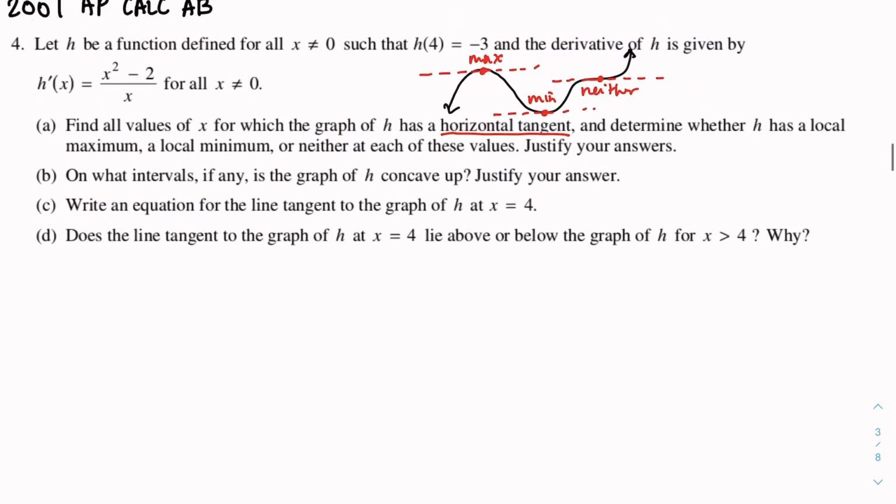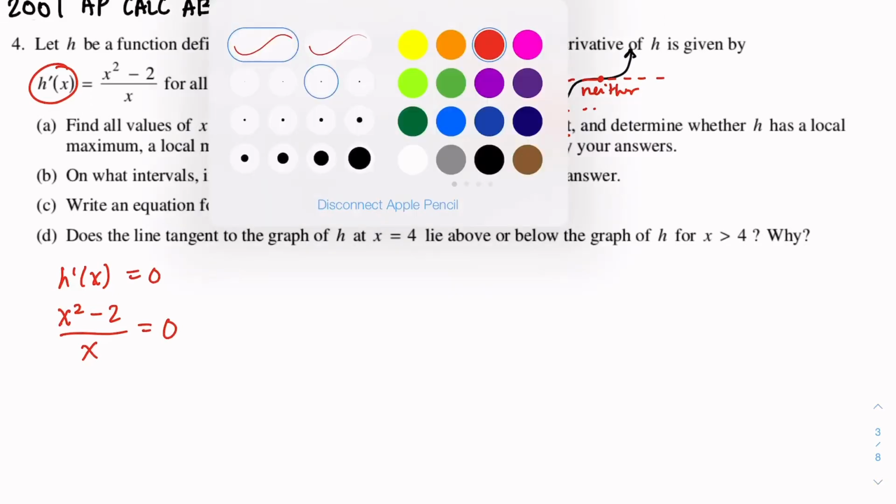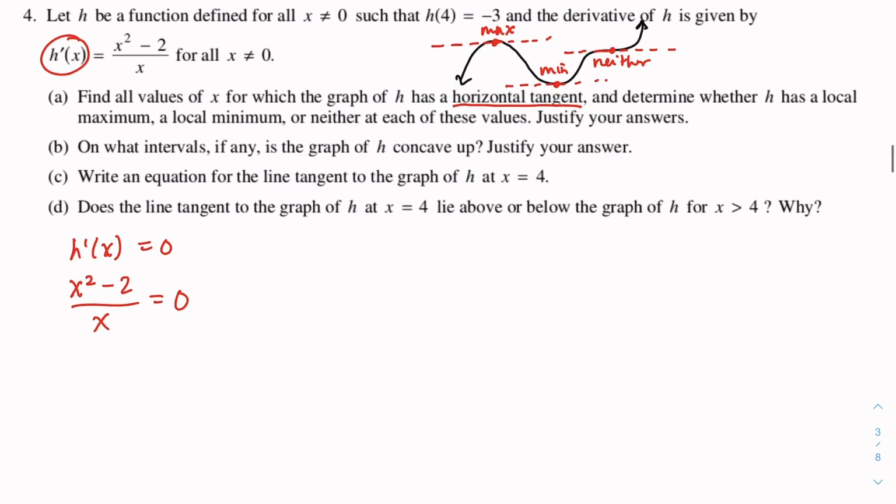So we're looking for all the x values where we have a horizontal tangent. So we know for a horizontal tangent, we need to set the derivative equal to 0. They've already given me the derivative, so I can just start by setting that equal to 0. I know that if I have a fraction and I need the entire fraction to equal 0, the only thing that really matters is that the numerator is 0, because 0 divided by anything is 0.